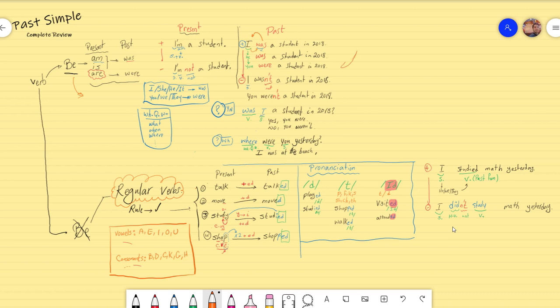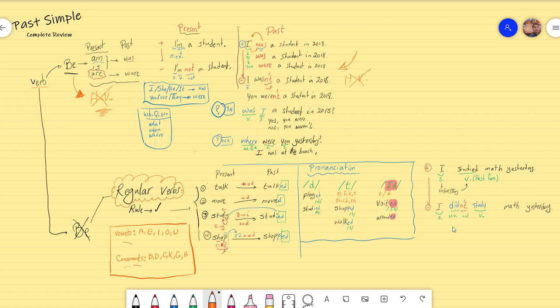Do you remember in these sentences, we didn't have helping verb. That's correct. So for be verbs, helping verb is not needed. If the verb is be, am, is, are, was, were, we don't need helping verb.